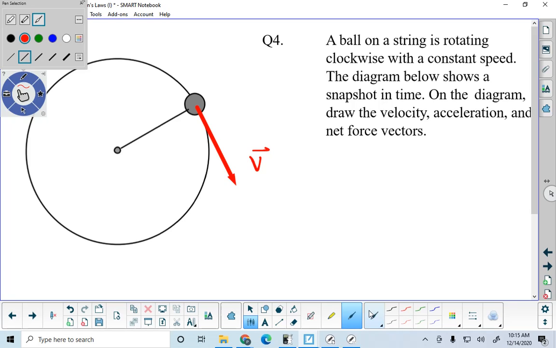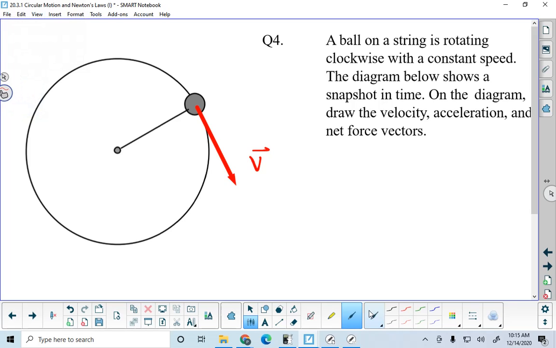Now, what direction is the acceleration? So I'm going to be drawing on this diagram three different kinds of things: a velocity vector, an acceleration vector, and a net force vector. So what direction is it accelerating? Well, imagine, everybody, that it's accelerating, and I'll use a different color. Don't write this down.